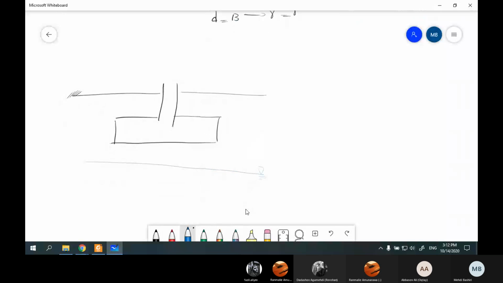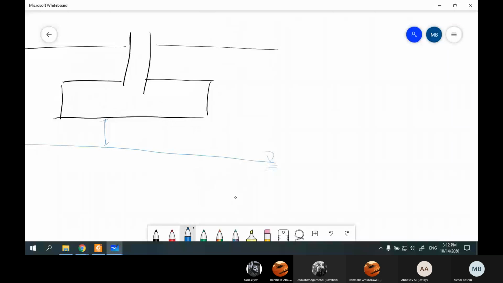This is the distance, and B is the width of foundation. q is equal to, for example, 1.3 c Nc plus q Nq plus 0.4 B gamma bar N gamma.